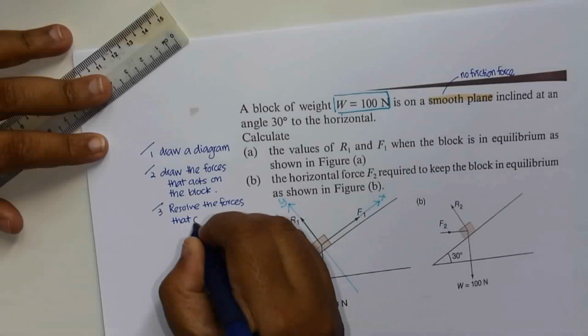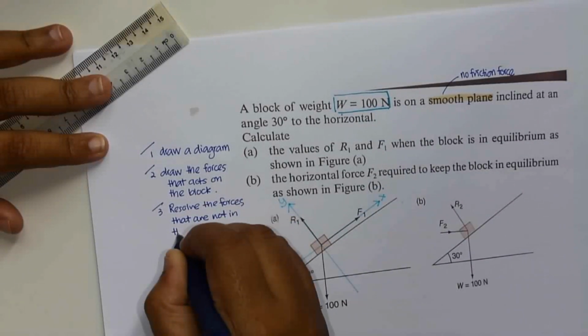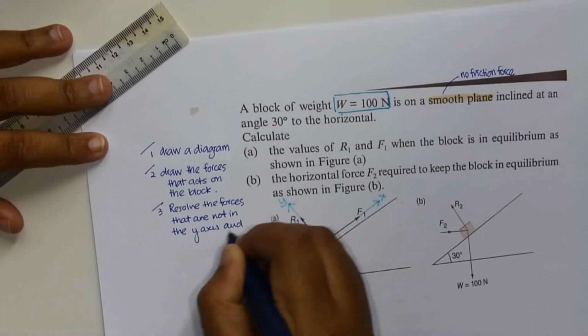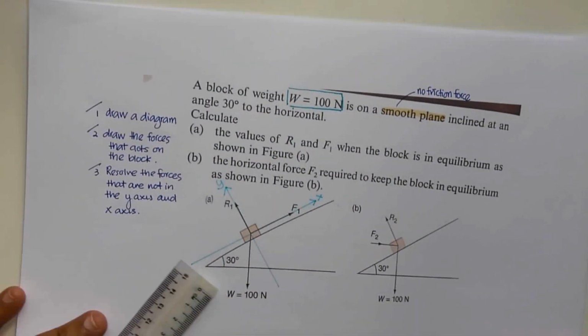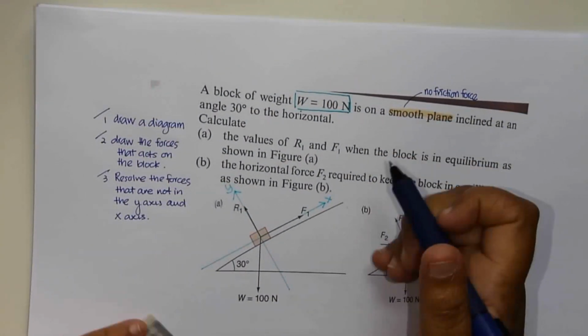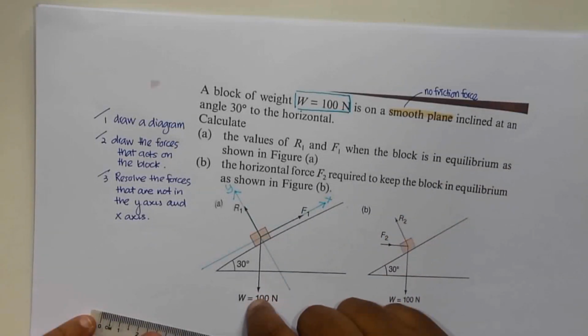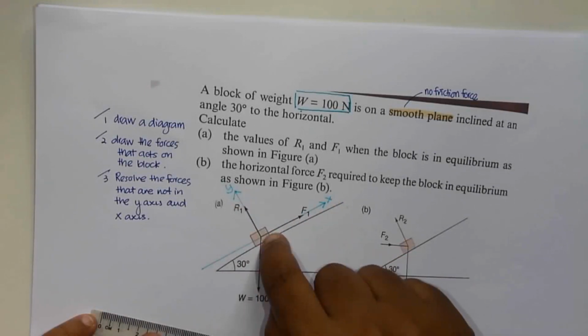In this case, W is neither in the y-axis nor the x-axis, so we need to resolve W. F1 is in the x-axis, R1 is in the y-axis.